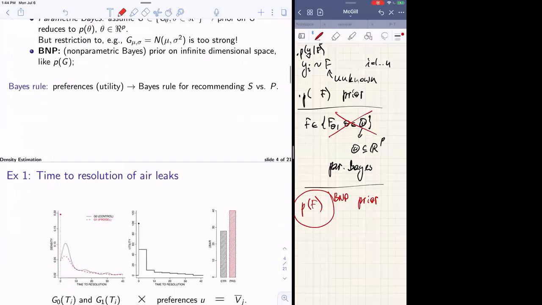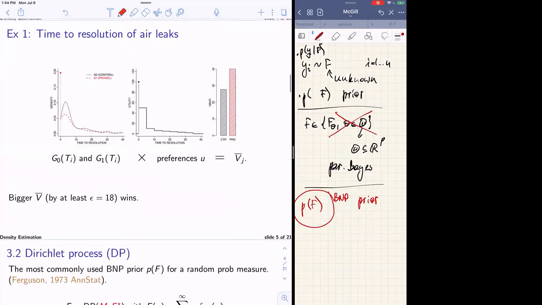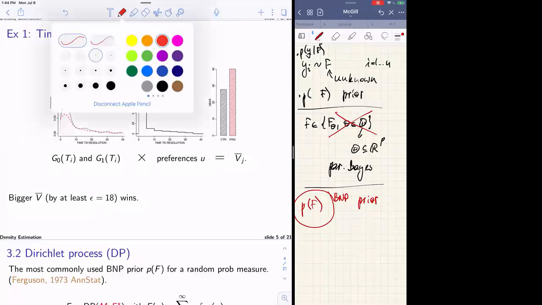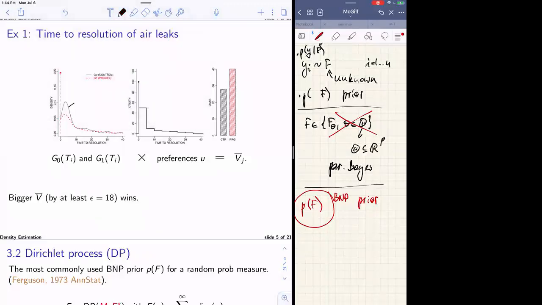And maybe that's best to show in the, let me quickly jump ahead and show you that little picture here. In that little picture, you see in black we have, let's denote with G0, G0 is the distribution of resolution times, the distribution of the TIs under standard care.